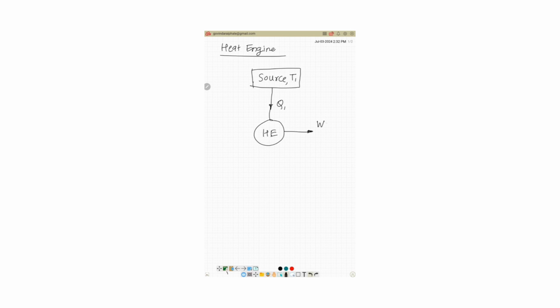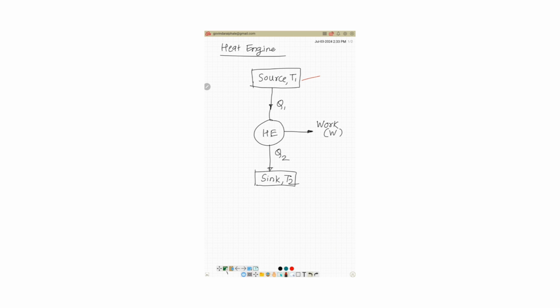Out of this, some energy will be produced as work, and the remaining heat, Q1 minus W, will be rejected to another part, which is the sink at temperature T2.